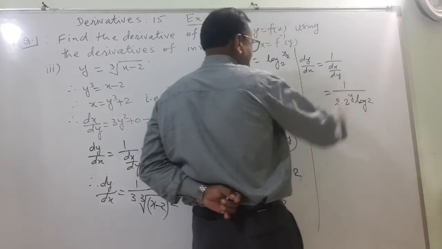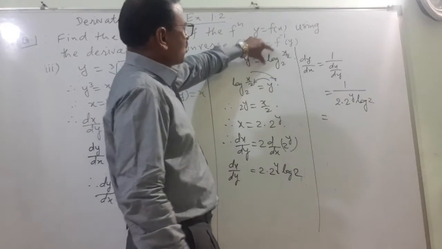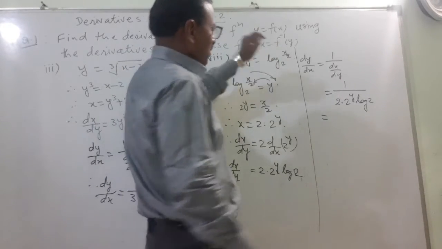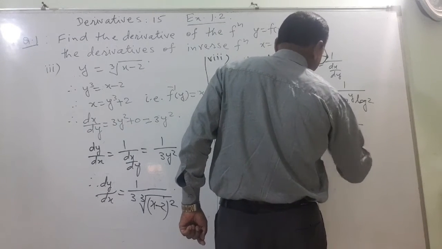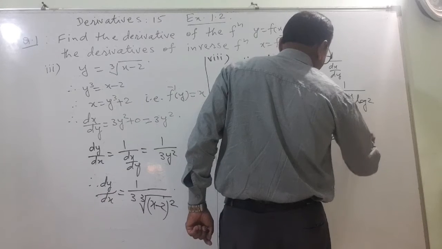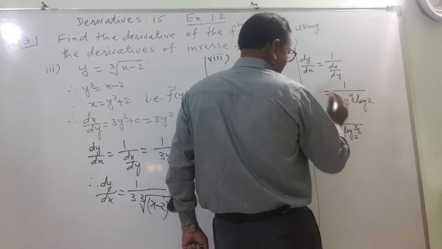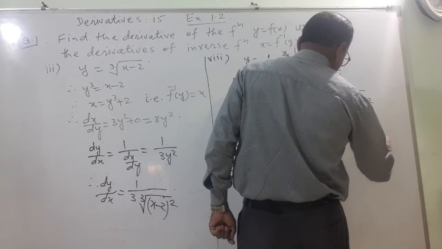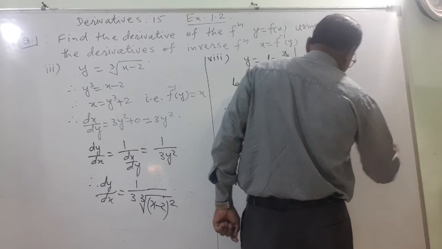Now put the value of y. What is the value of y? Y is equal to log of x by 2 to the base 2. So this is 1 upon 2 into 2 raised to log of x by 2 to the base 2, into log of 2.